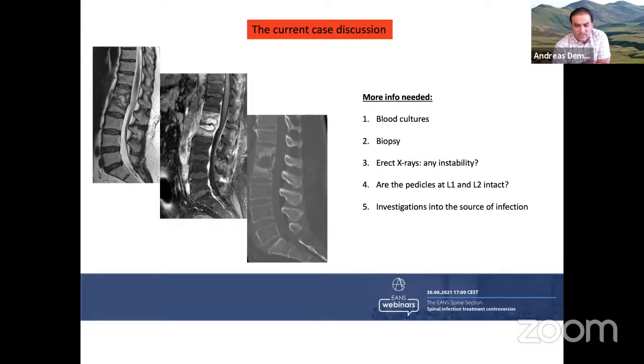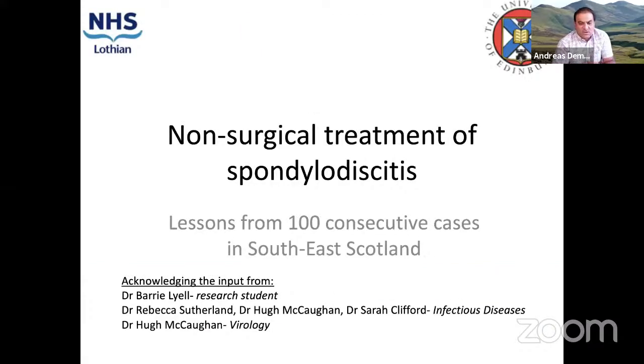We need to examine the CT better to assess whether the pedicles at L1 and L2 are intact, because that will also affect the length of the posterior construct. And of course, we need to initiate investigations into the source of the infection so this does not progress or recur.